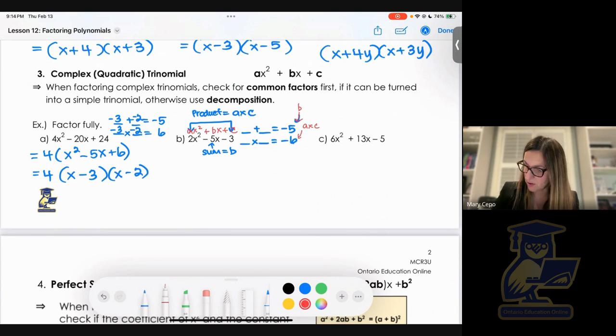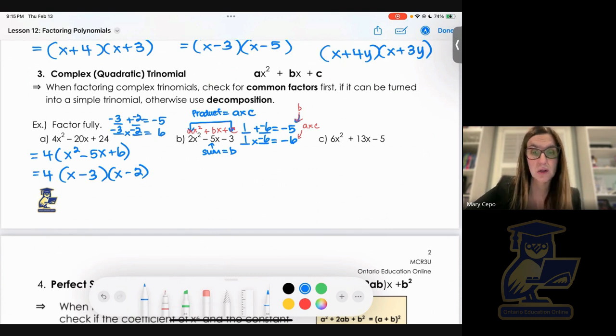So thinking of two numbers multiplied together to give you -6, those same two numbers added together to give you -5. Now, if the product is negative, then we know one of the two numbers has to be negative. So in this case, we're going to start with 1 times -6 is -6. 1 plus -6 is -5.